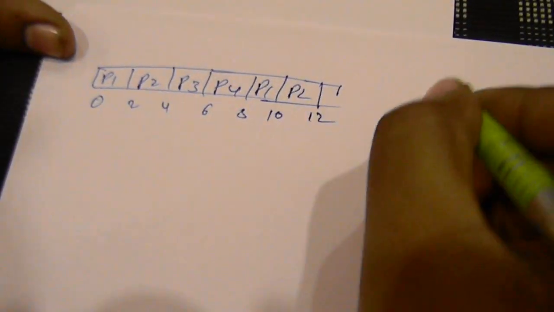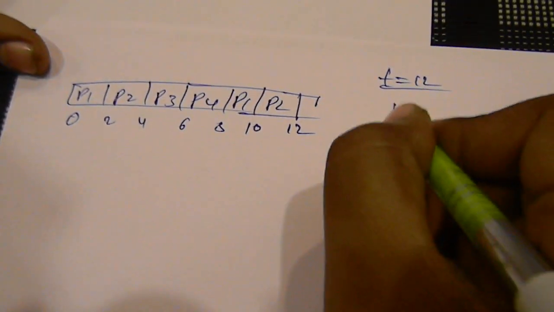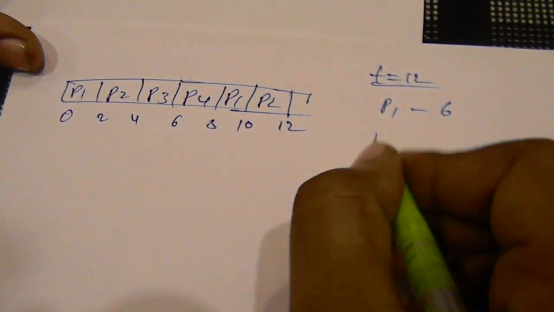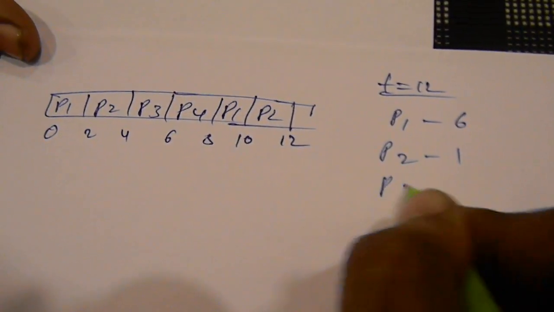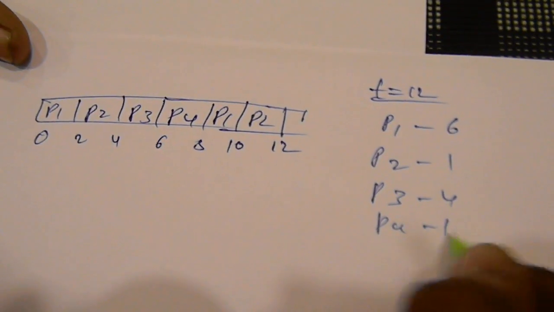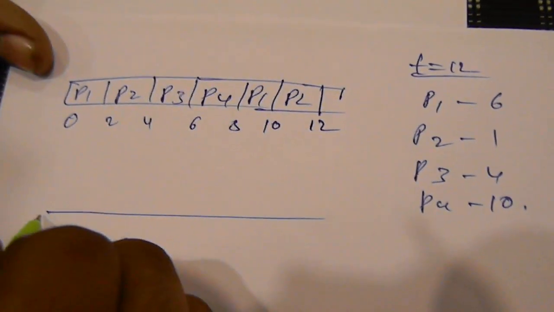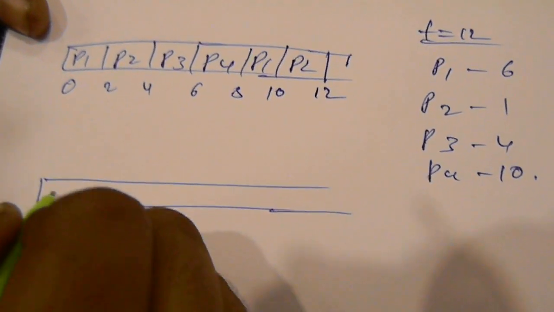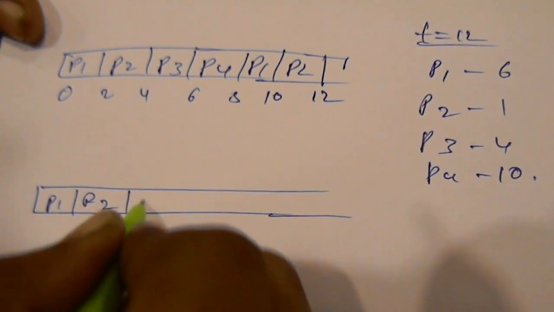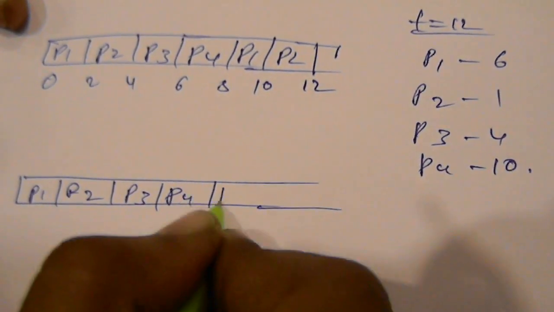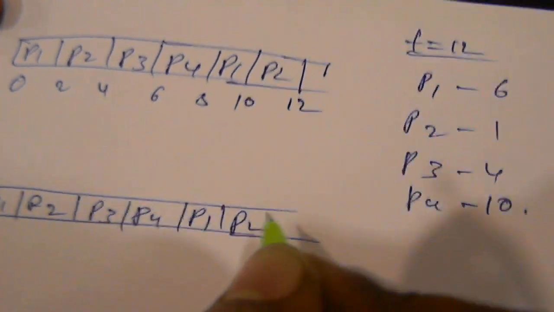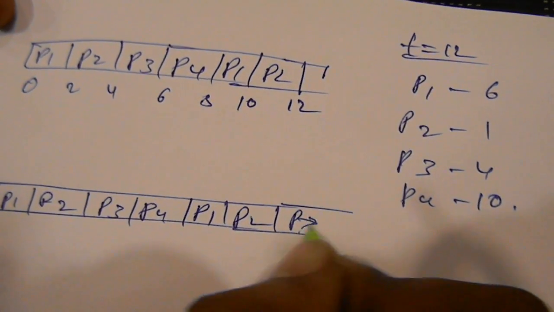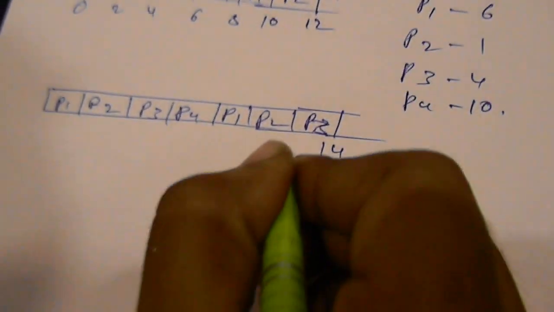Now at t equals 12 milliseconds, the burst times are P1 6, P2 1, P3 4, P4 10. Now P3 will start execution. It executes 2 milliseconds.